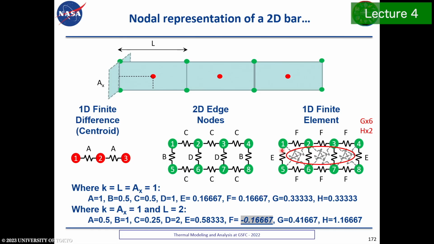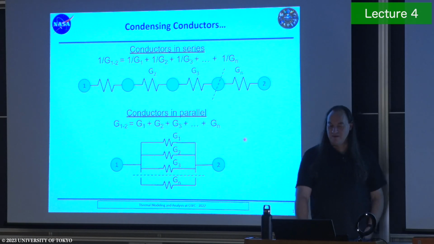So all of the conductors here, these F conductors, are negative, and all the other ones are positive. So that's one of the things that will scare most thermal engineers. I don't really understand how it works. One of these days I intend to figure that out. If any of you are good with finite elements and understand this, you're welcome to explain it to me. But for the most part, I trust it.